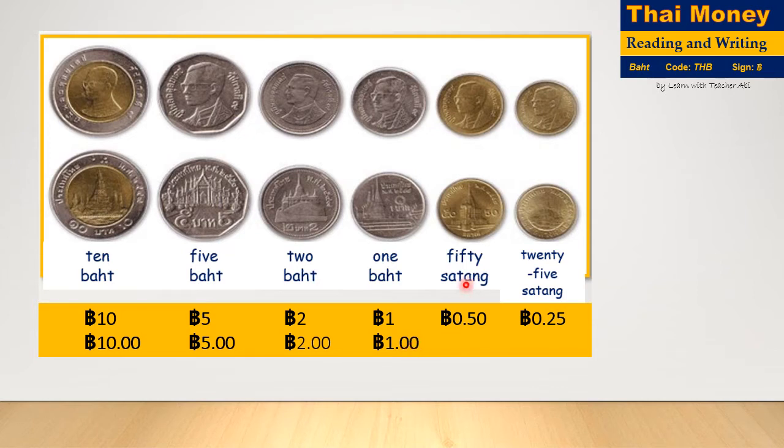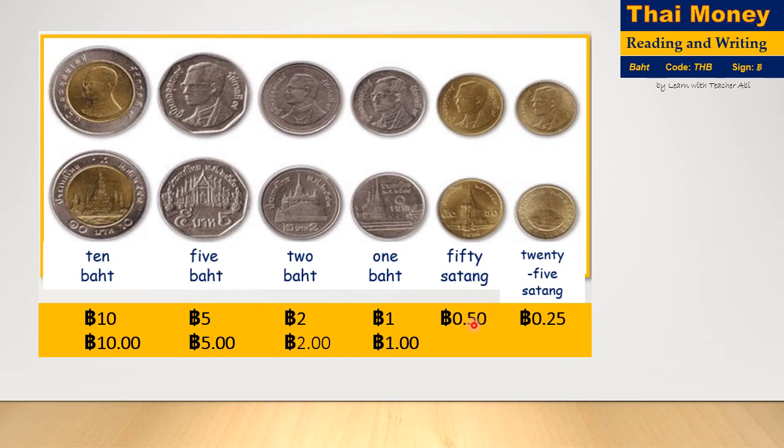If you're writing satang, you need to write the sign first and then 0 because there is no value in baht, then the decimal point and then the number. In baht, the value or number comes first and then the decimal point. In satang, you write the decimal point first and then the value of the satang. 50 satang.